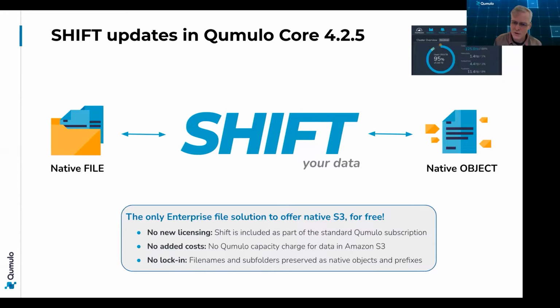With the release of Qumulo Core 4.2.5, we have added full functionality for both shift to and shift back from S3, and exposed the functionality via both our REST API, the command line interface, and via our web UI, which allows a role-based access control end user to be able to do on-demand data movement to and from S3.